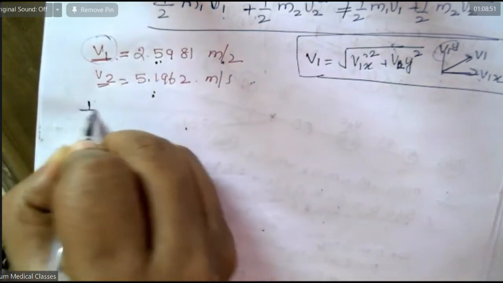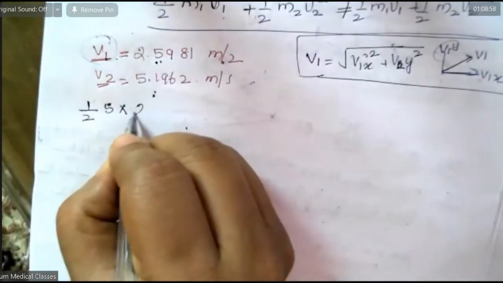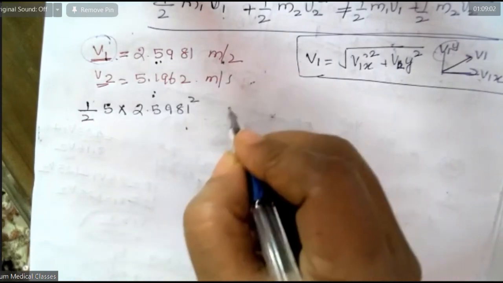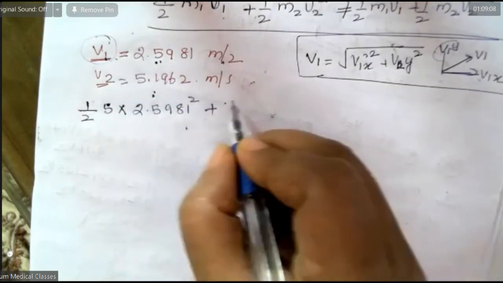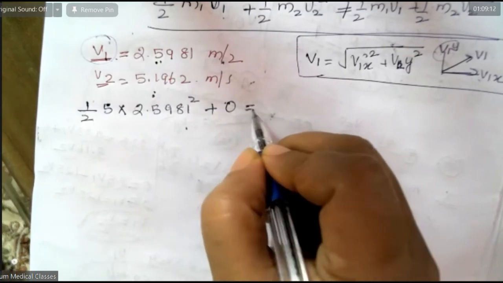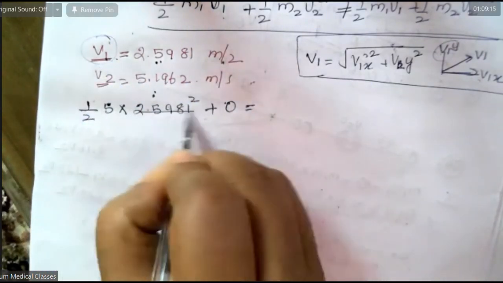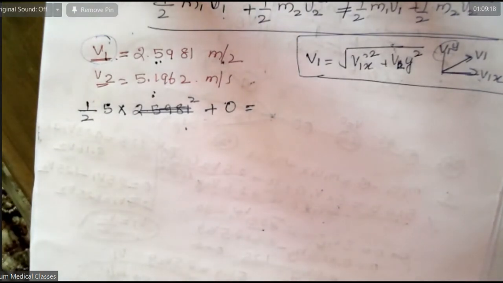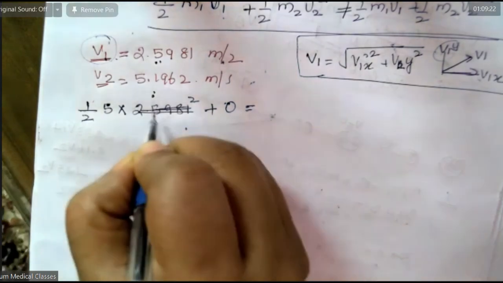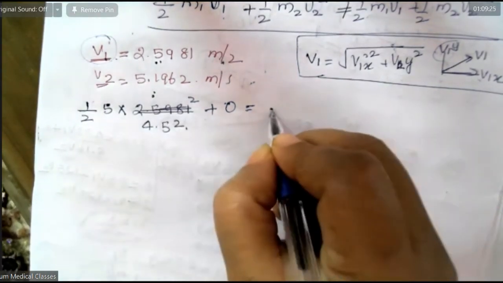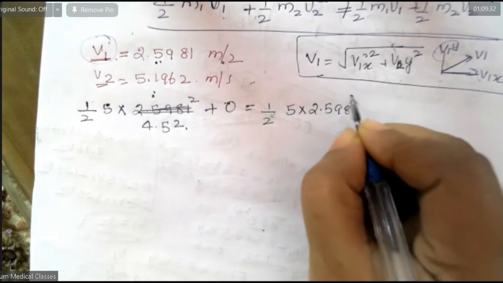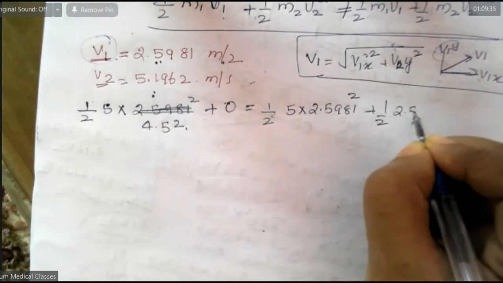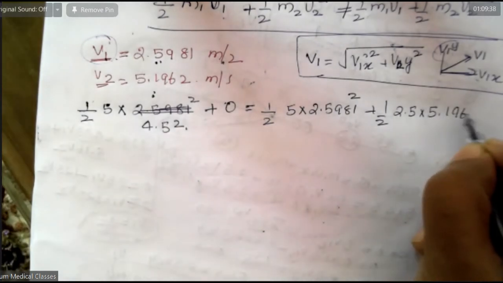Now, half M1, what was M1? 5, into V1 square, 2.5981 square, plus the other one was 0. U2 was 0. Is equal to, no, not this value. What was V1? V1 was 4.5. So half into 5 into 4.5 square plus 0 is equal to half into 5 into 2.5981 square plus half into 2.5 into 5.1962 square.